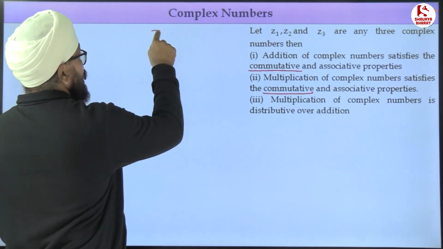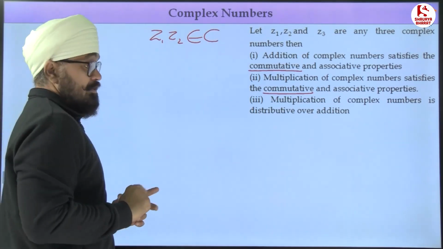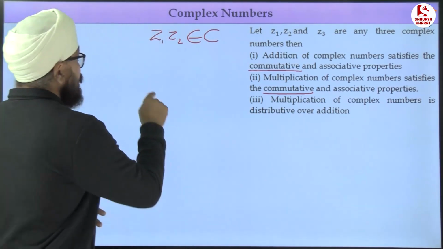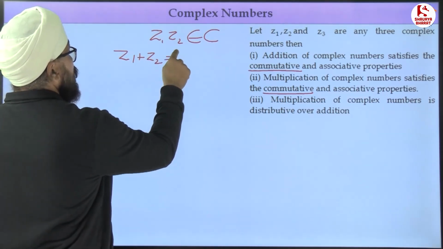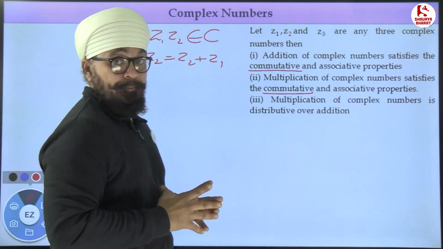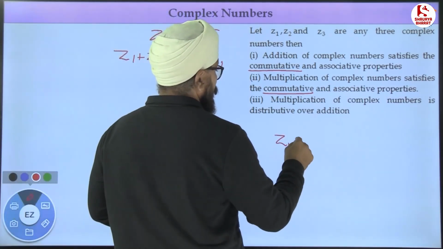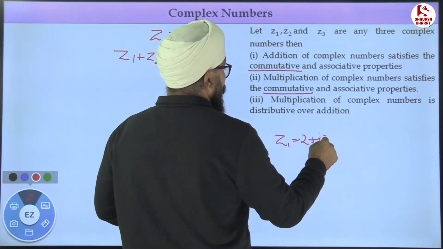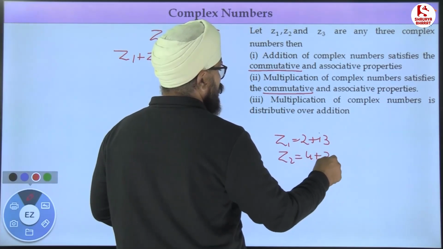If Z1 and Z2 are two complex numbers belonging to the set of complex numbers, then whether I add Z1 with Z2 or Z2 with Z1, the result is the same. For example, take one complex number as 2 plus 3 iota and the second complex number as 4 plus 2 iota.